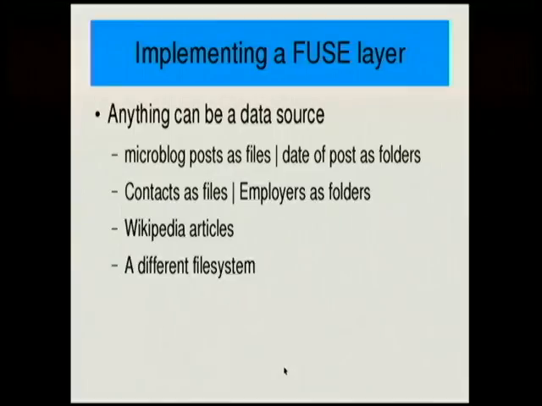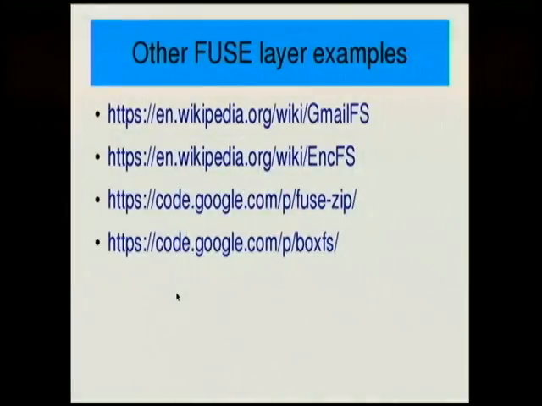It's all implemented in Fuse, which is kind of cool. These are links to the Gmail FS, ENCFS, the boxfs, and this FuseZip one, where you can use a Fuse layer to read and write and unarchive zip files at will, which is kind of neat.